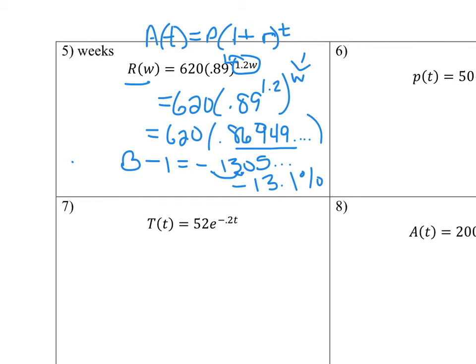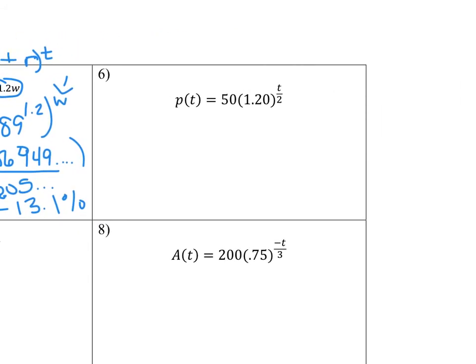So that means this is a decay problem. Okay. However, the rate isn't exactly what we thought it would be when we initially looked at it. It looks like it might be 11%, but once we move that 1.2 inside, from out here to inside, it changes the base that we're physically looking at, and it makes it so that we see the actual correct rate of change per week for this problem.